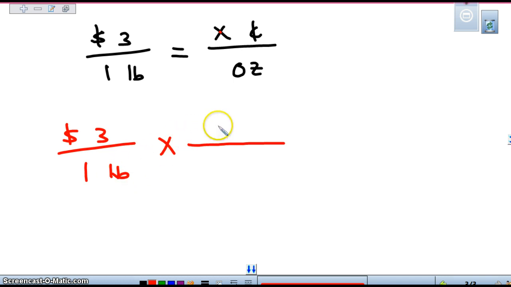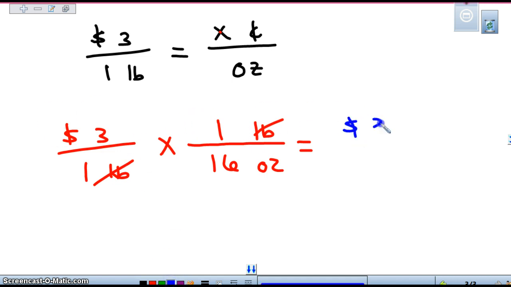So let's convert our pounds. 1 pound equals how many ounces? 16 ounces. So this cancels our pounds. 3 times 1 would be $3 per 16 ounces.